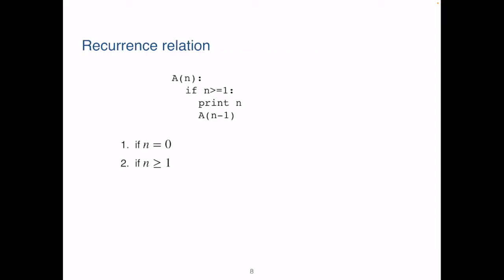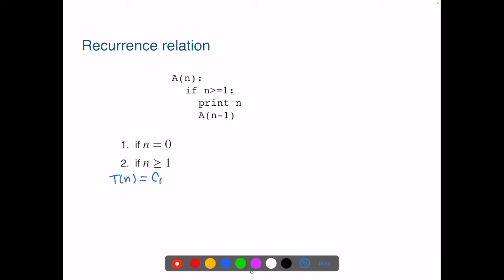So now let's write this relation. We know all recursive functions need to define a base case or base cases. Otherwise, the recursive function will keep running until the recursion limit has been reached and we get an error. We assume the input is a non-negative integer, so the base case would be when n equals 0. We can write T(n) is just a constant when n is 0.